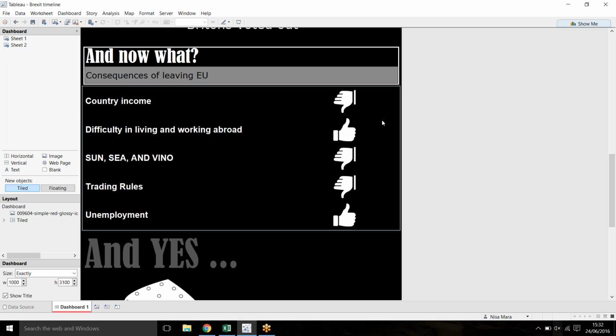Then, for the British people, it will become harder to work, live, and travel, especially in the 27 European countries. Then Sun, Sea, and Vino: if we leave the EU, it will be more expensive to go abroad, and even some of the EU wine and other delicacies will become more expensive.